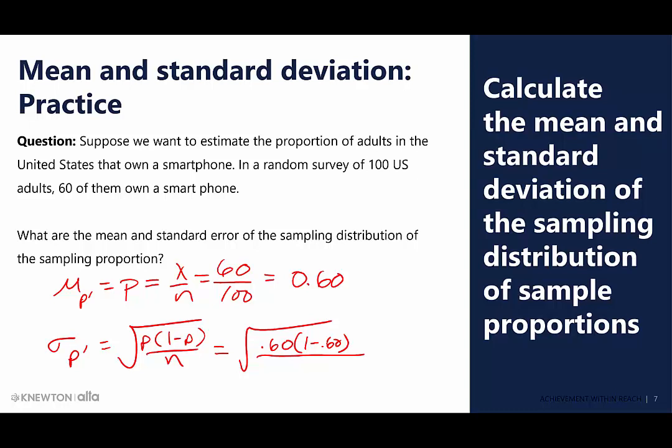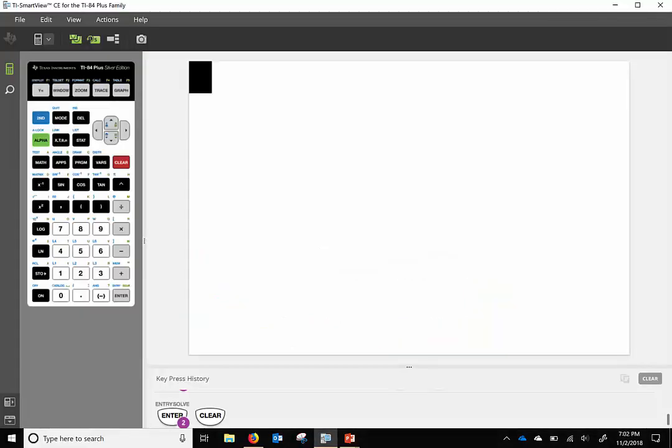What's our sample size? How many total people did we survey? We surveyed 100 people. All right, which looks like 0.60 times 0.40 over 100. And let's put that into the calculator. Let's see, do I have my calculator up? Believe I do. Here we go.